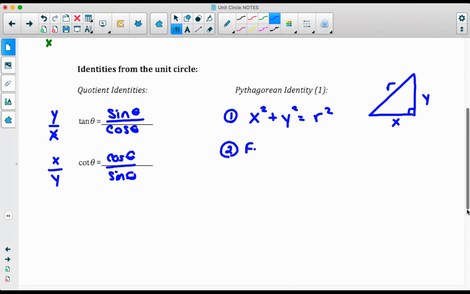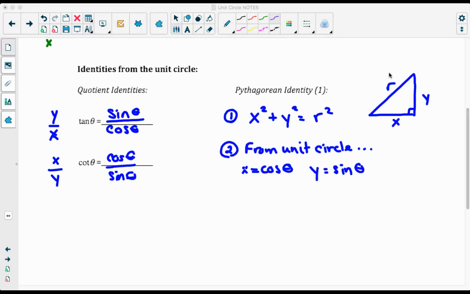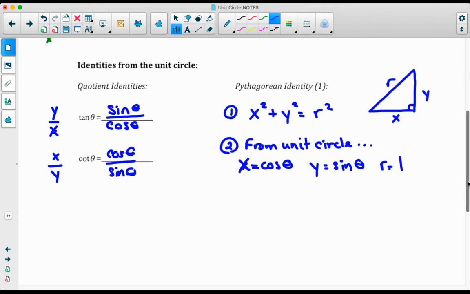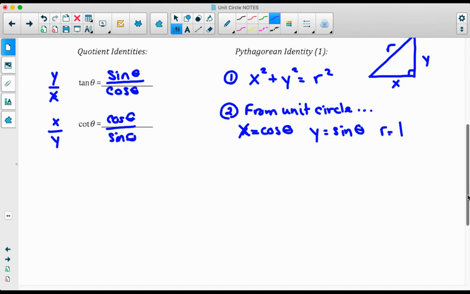But from our unit circle, what do we know? We know that x is equal to the cosine of theta, and we know y is equal to sine of theta. And we also know that r is equal to 1. That's what we know from our unit circle. Because of those things, we can do a little bit of substitution and rewrite our Pythagorean theorem in terms of sine and cosine.